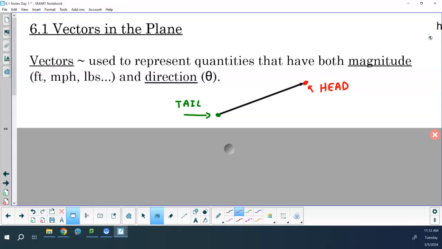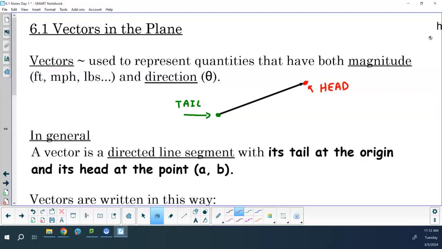It is a directed line segment, or in general, a vector is a directed line segment with its tail at the origin, and its head is then at the point (a, b). But that might not always be the case. We will be later on adding vectors together, and then we won't necessarily have the tail at the origin.